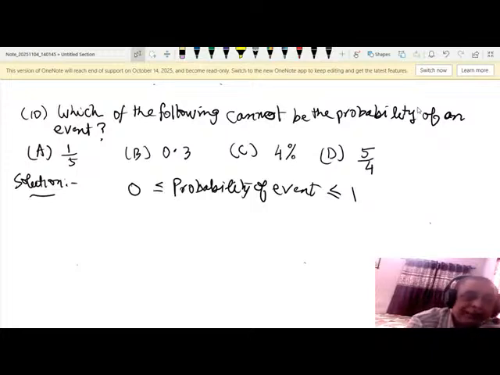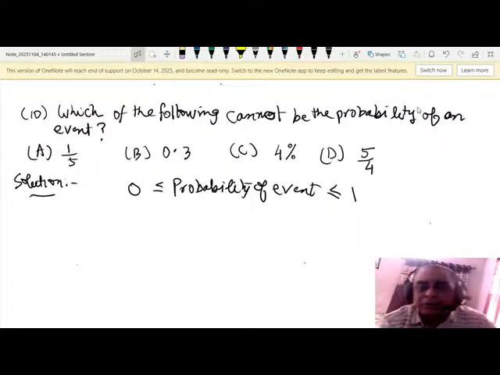In choice A it is 1/5, which is less than 1. It is possible. B, 0.3, is also possible. It is less than 1 and greater than 0. Both are lying in this range. So A and B will be correct.